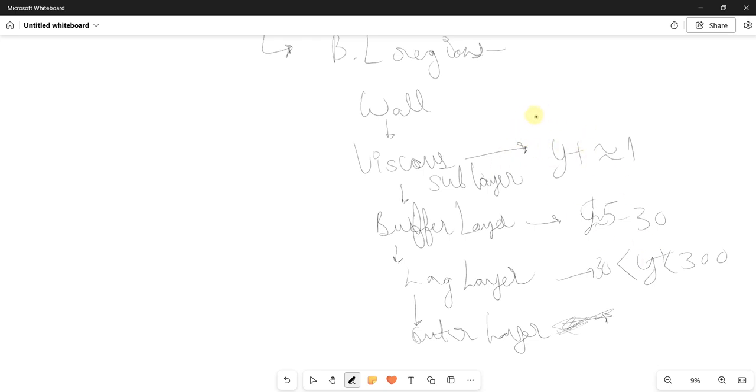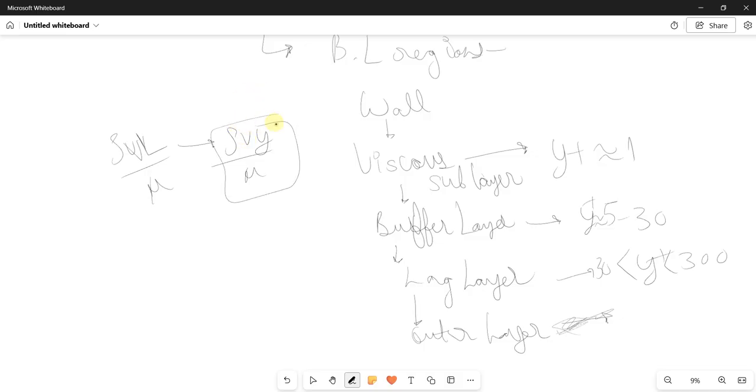Y plus, as I had mentioned, is the distance from the wall to the center of the inflation layer, in turbulent terms. In turbulent terms you have rho v L by nu, where nu is dynamic viscosity. Instead of L, you put rho v y divided by nu, where y is the distance from the geometrical surface or boundary to the center of the inflation layer that you are considering.